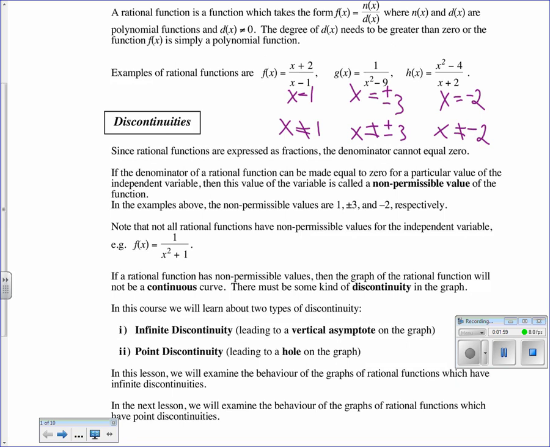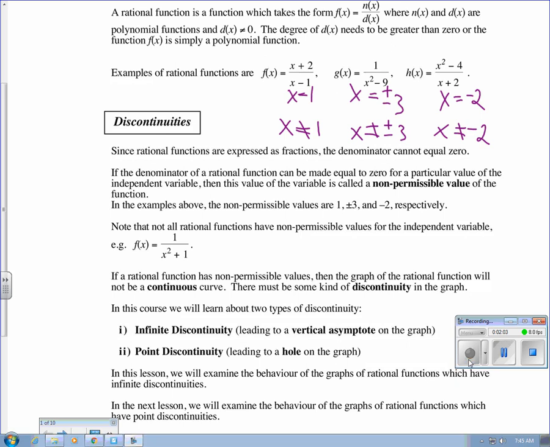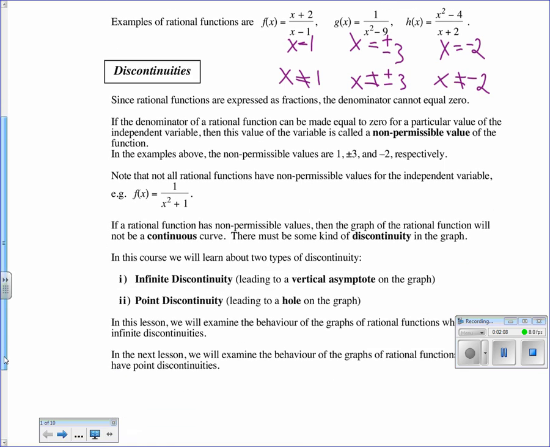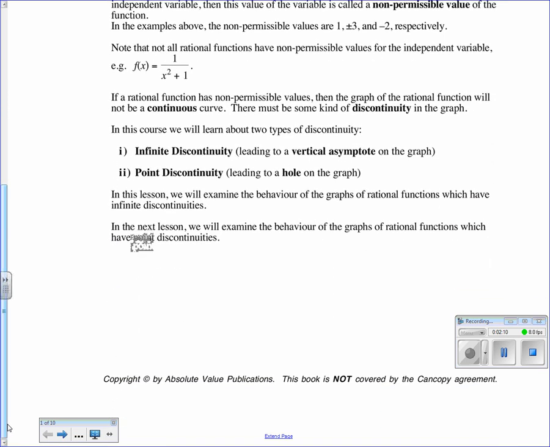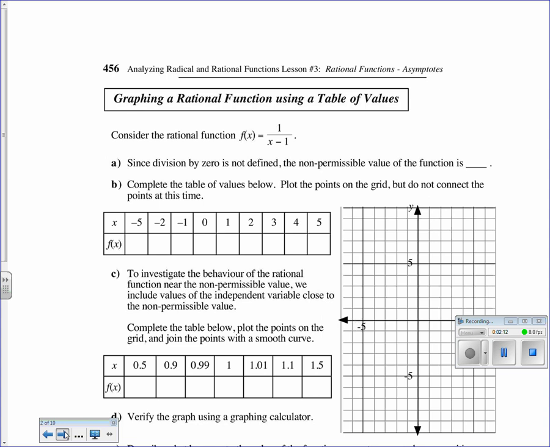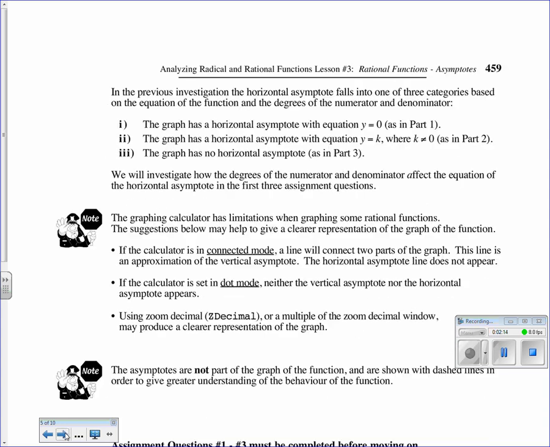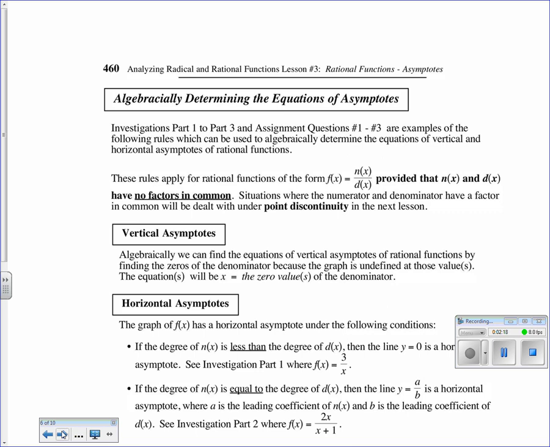Let's turn a few pages. I'll give you the page number. We're actually going all the way to page 460, where the encouragement is to perform our skills algebraically. So 460 skips some of these exercises, and here I am on page 460.